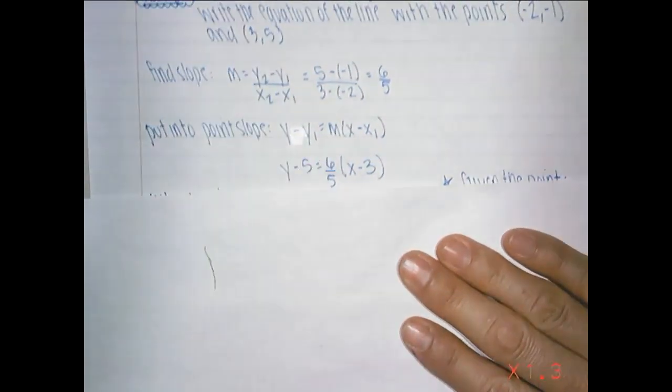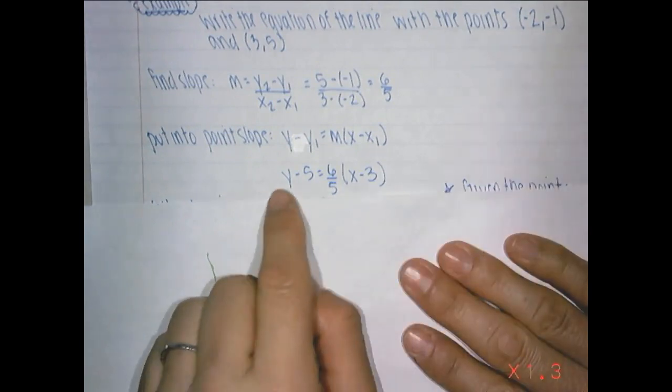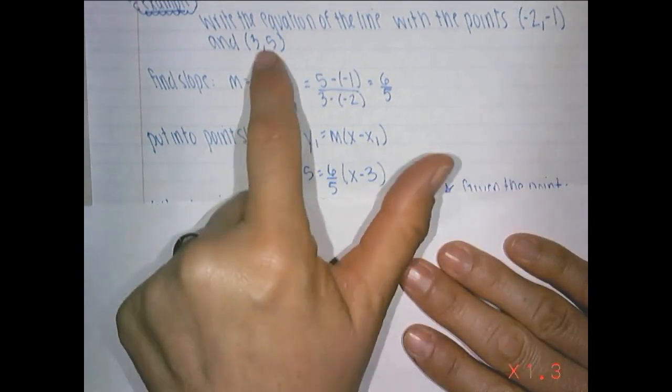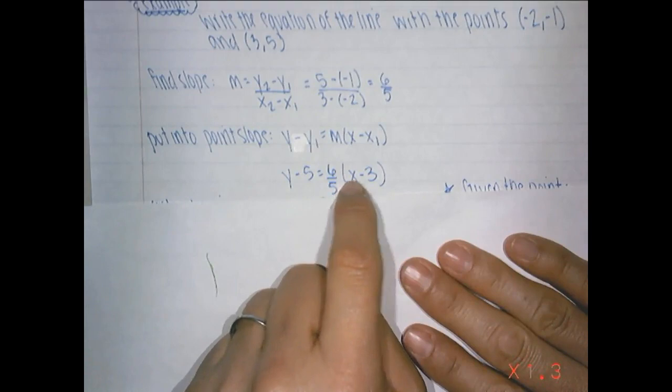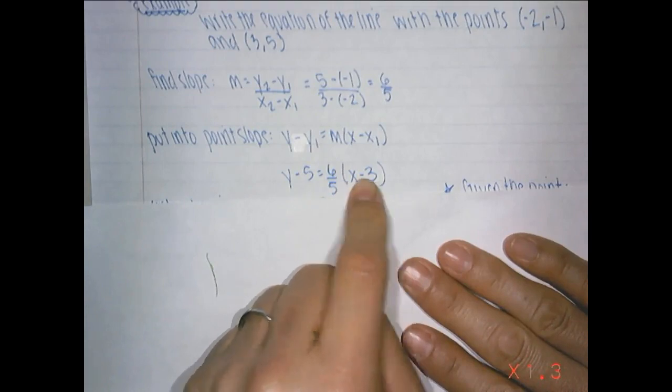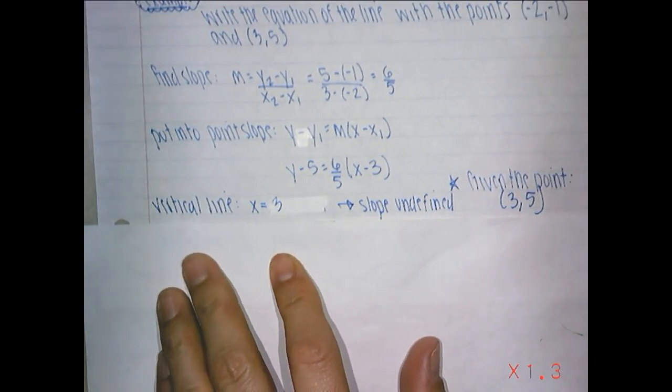It doesn't matter. I could have chosen this point. Either is fine, but I did y minus 5 equals 6/5 times x minus 3. Alright, and that's what we did.